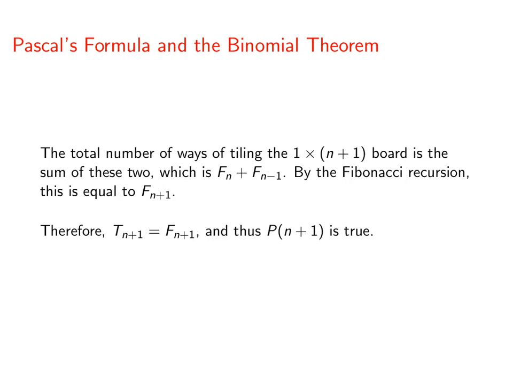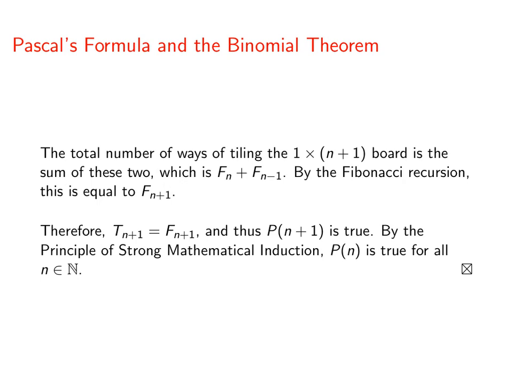Therefore, we can say that the number of ways of tiling a 1 by n plus 1 board is equal to f sub n plus 1, and therefore p of n plus 1 is true. So, by the principle of strong mathematical induction, p of n is true for all n in the natural numbers. So, what have we proved? We proved that the number of ways of tiling a 1 by n board is equal to the nth Fibonacci number. Okay, that's all for now.